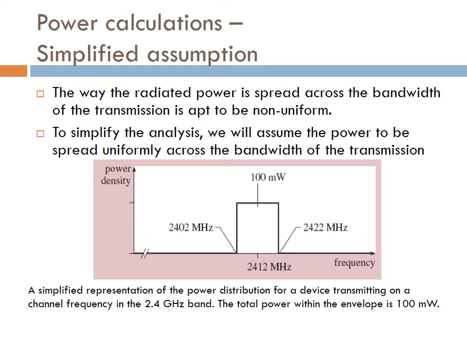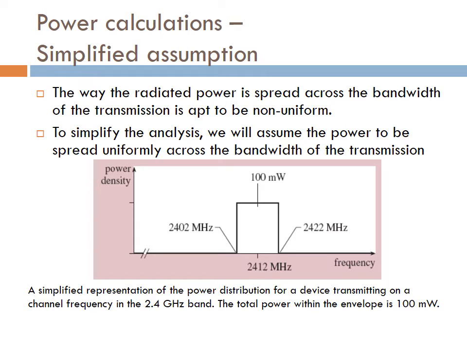With a rectangular distribution like the one shown in this figure, the power density is simply the total power divided by the bandwidth. In this case, the bandwidth is 20 megahertz.